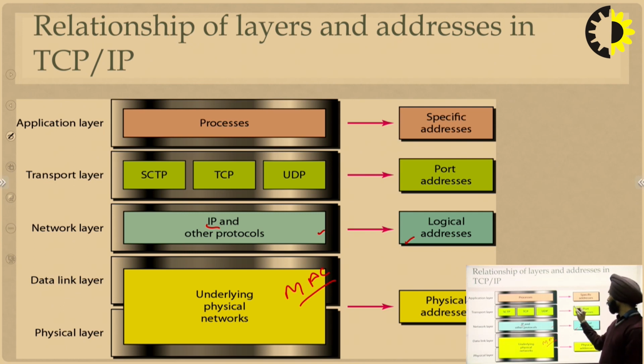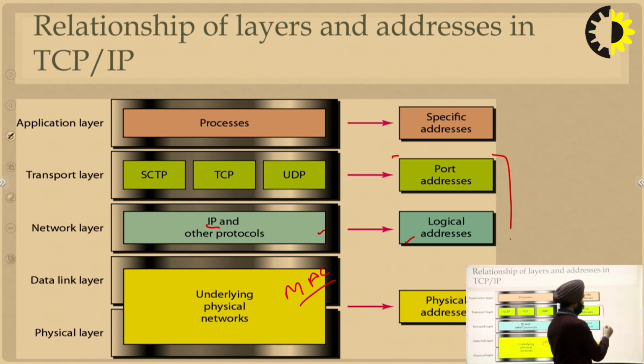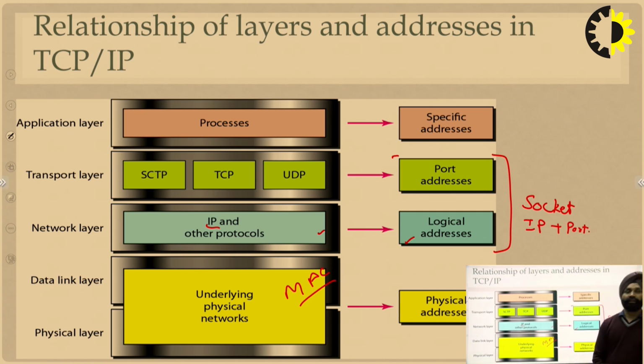When both the port address and the logical address are combined, this is known as the socket address. The socket address is the IP address plus the port address. So for delivering the packet from the source process to the destination process, we need a socket address.